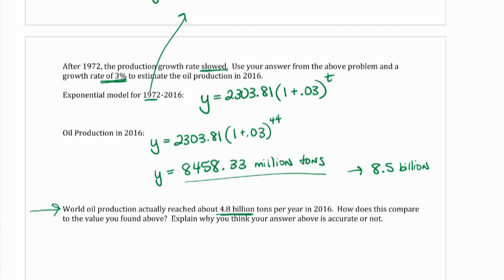It just means that our percentage rate was not quite 3% that whole time. At some point that percentage rate changed. So we can say the growth rate of 3% was not constant over all of those years, so less was produced.